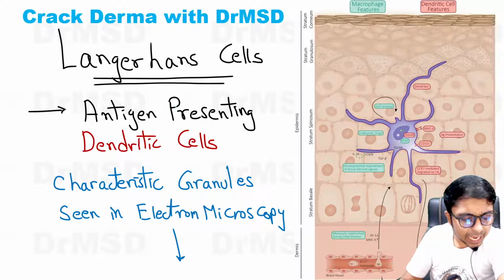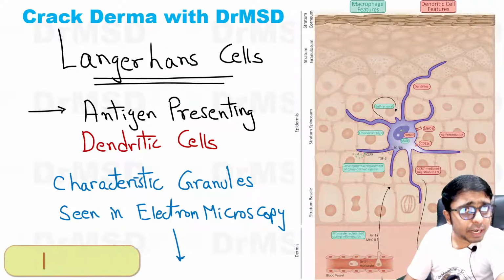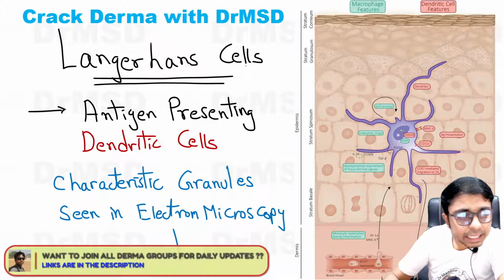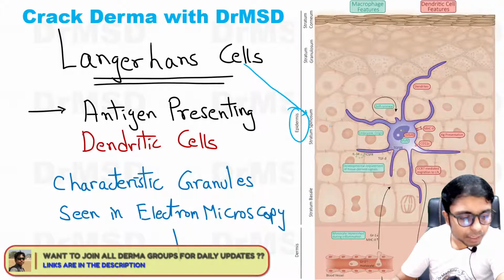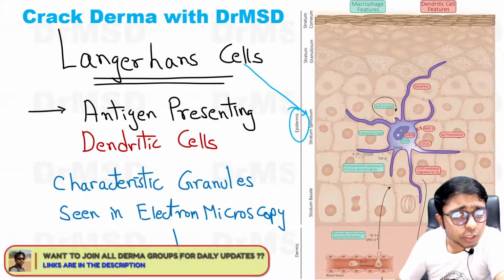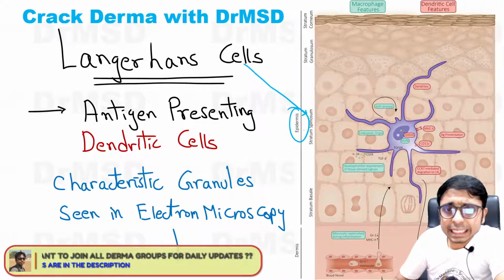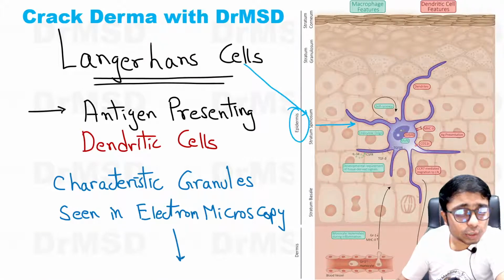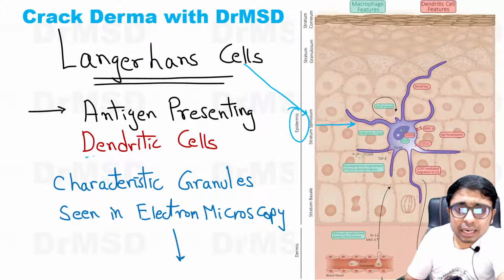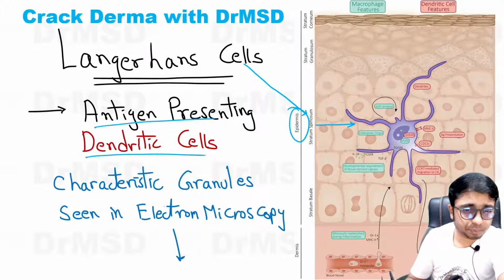Few points about Langerhans cells. Why? Because these are very important for you to remember. You can see in this picture, this is a diagrammatic representation where you are able to see in the stratum spinosum the dendritic processes present on this cell, and this is nothing but the Langerhans cell. So these are also called dendritic cells, and these are basically antigen presenting cells.